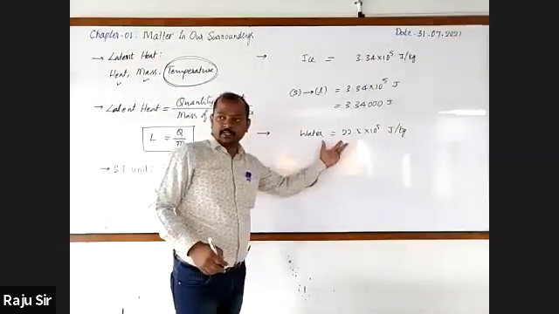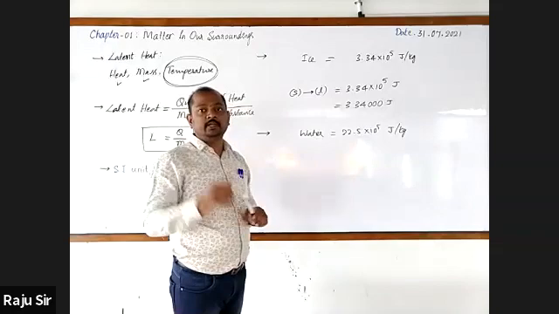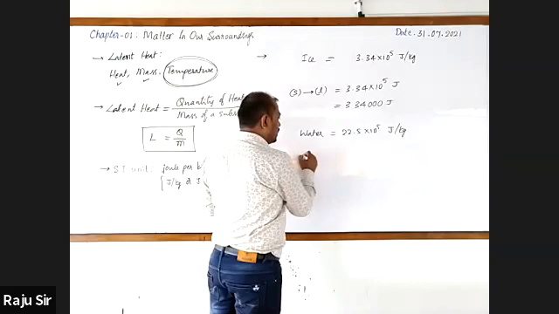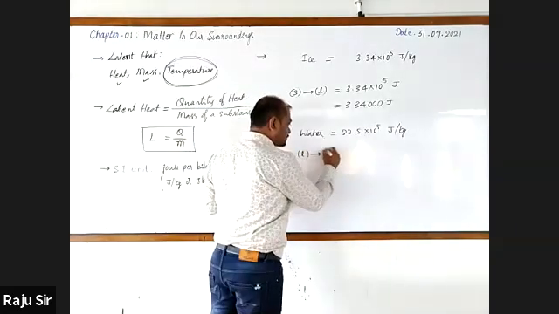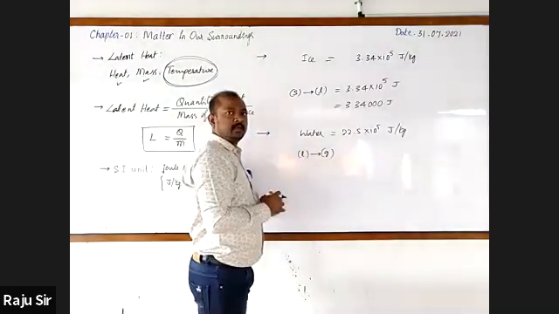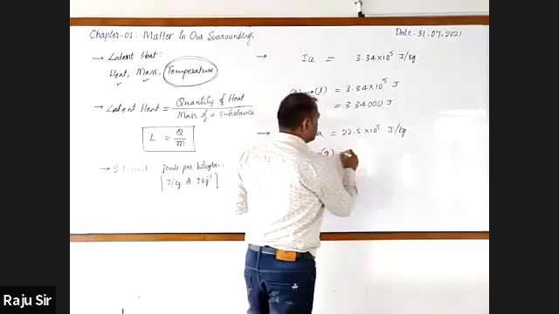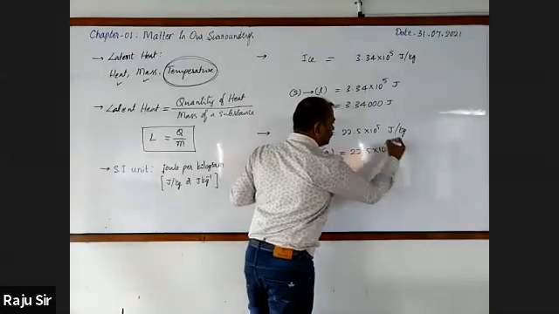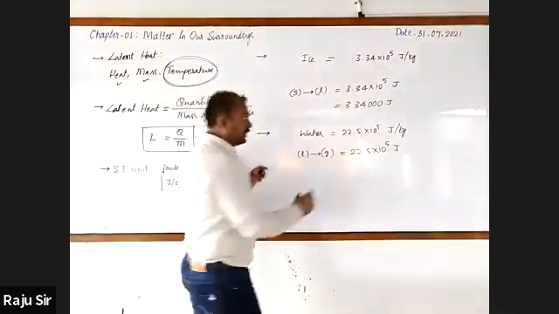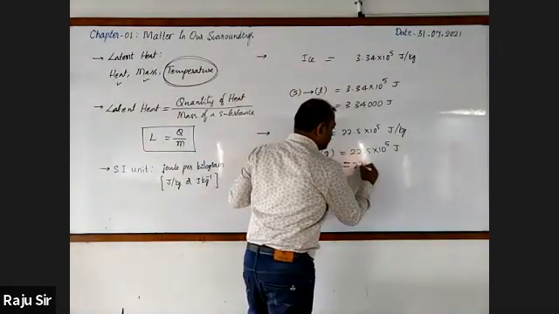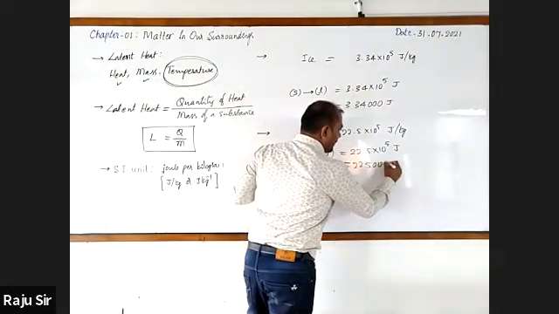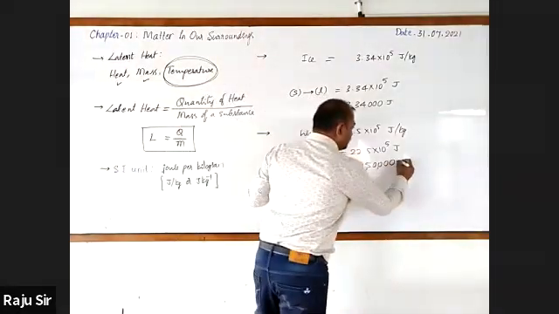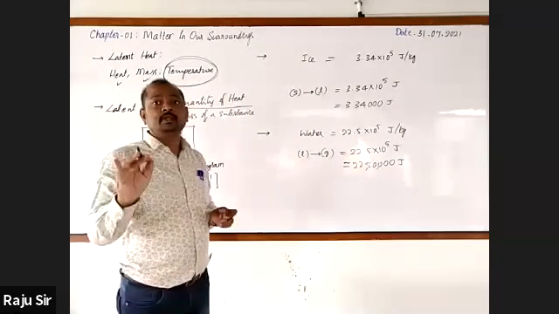The meaning of this statement is that the amount of heat required to convert 1 kg of water into steam completely without raising the temperature is 22.5 into 10 raised to the power 5 joules, which means that it is 22,50,000 joules of heat energy required.